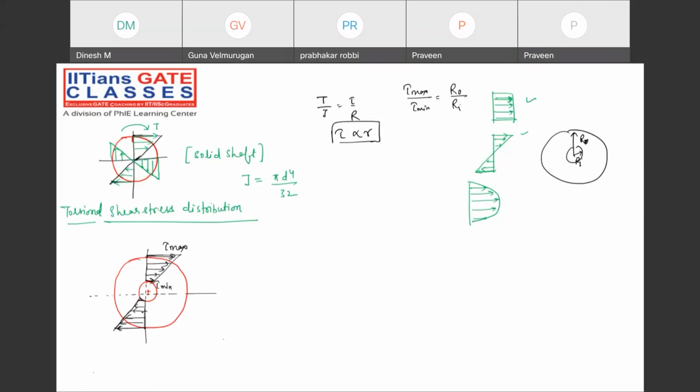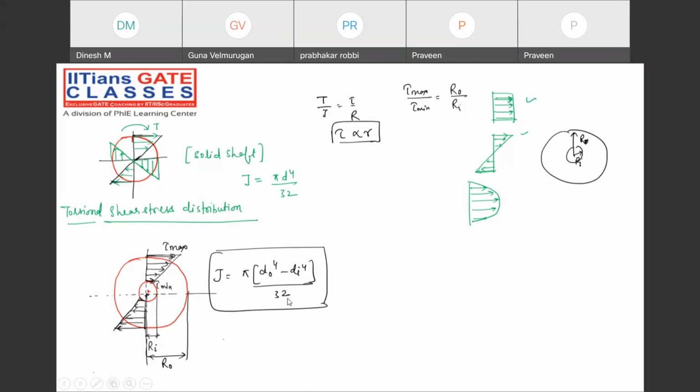This radius I'm taking from the center, Ri, and from here to here I'm taking R0. Outer radius, inner radius. The polar moment of inertia will be pi (d0 to the power 4 minus di to the power 4) divided by 32. Very, very important. Please note down.